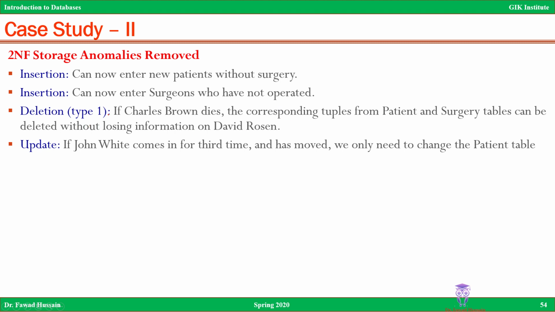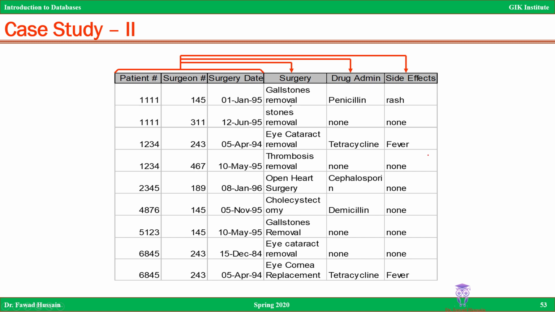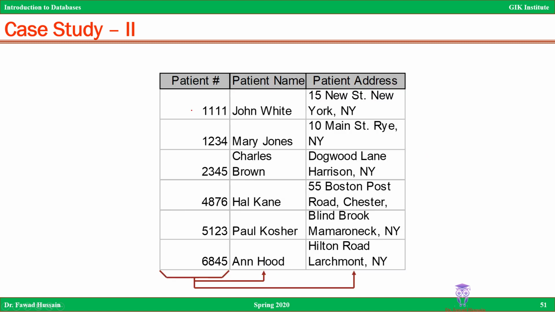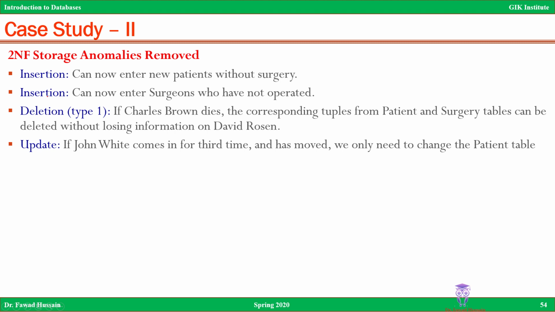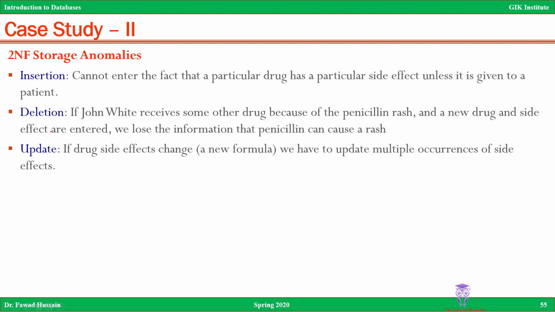So this is also fine. So insertion is fine, deletion is fine. If John White comes in for a third time and has moved, we have only to change one address, the reason being that John White lives here. So if he has moved, we are only going to update this part. So all these insertions and deletions are fine.